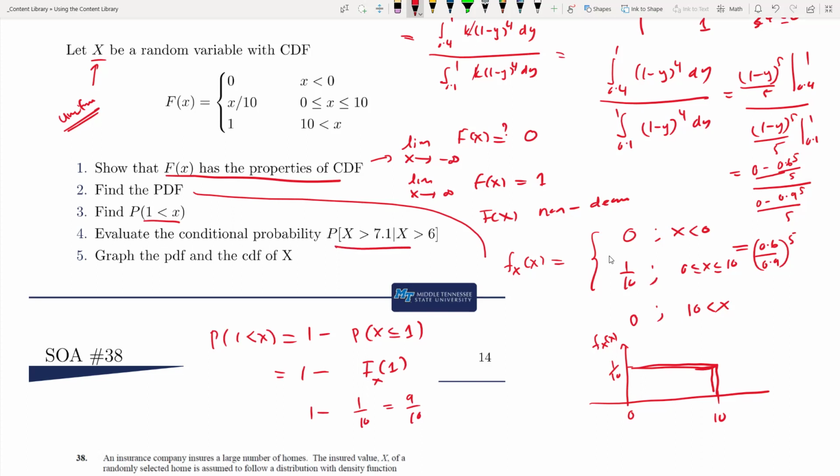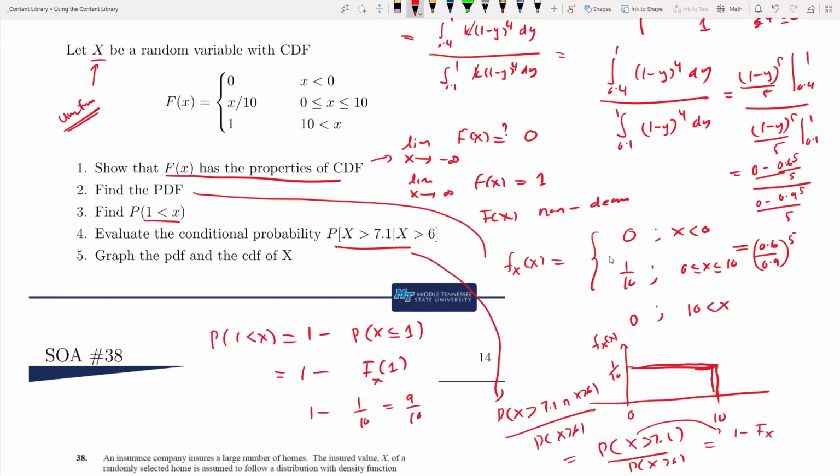And you can calculate the conditional probability. This is probability x more than 7.1 and x more than 6, divided by probability x more than 6. So that would end up as probability x more than 7.1 divided by probability x more than 6. Now, how do I get this probability? That's 1 minus using the CDF.